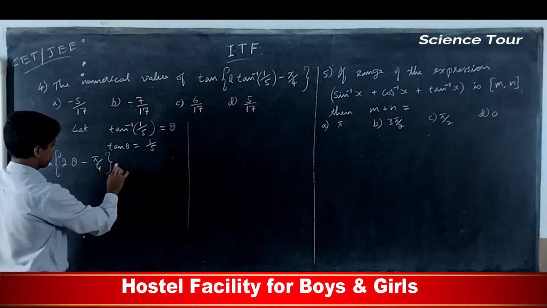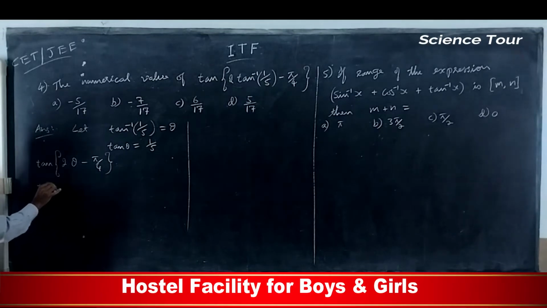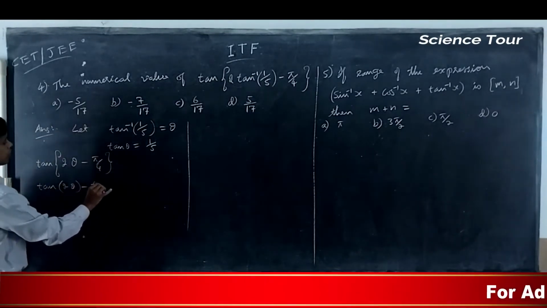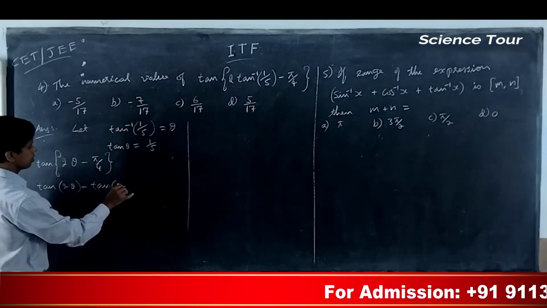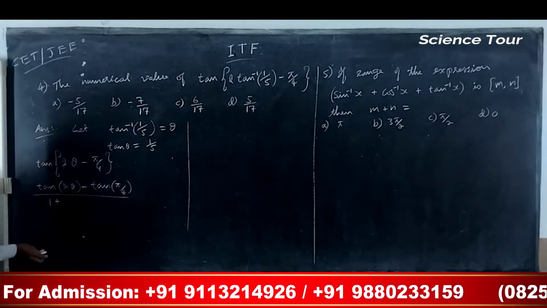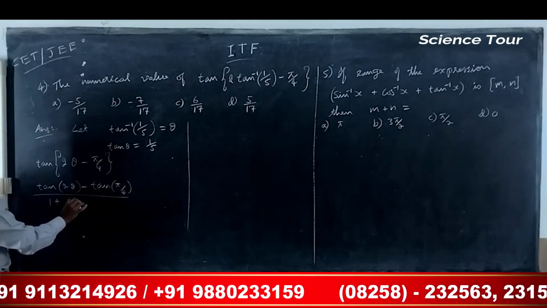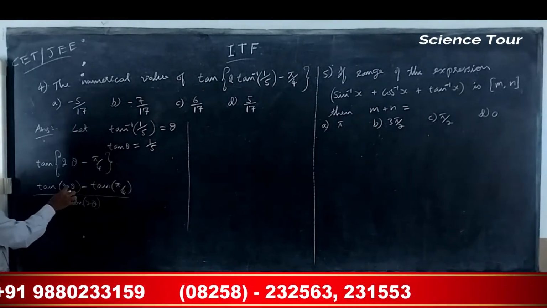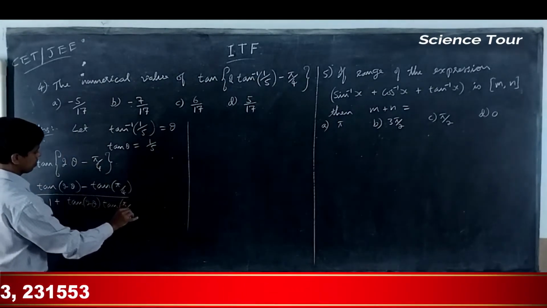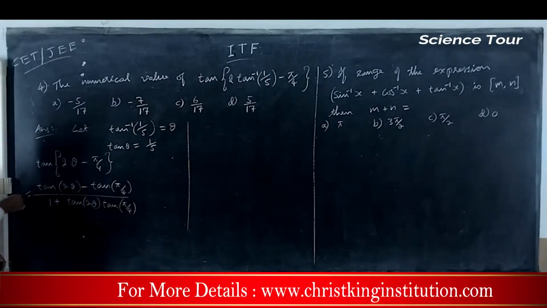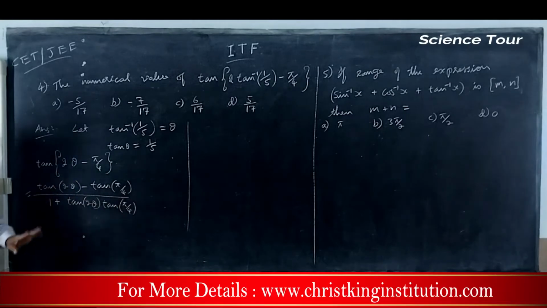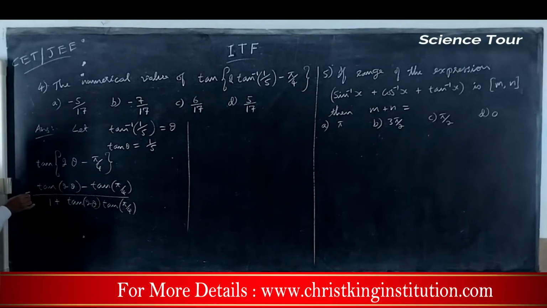That is tan x minus tan y divided by 1 plus tan x into tan y. So understand, tan of x minus y is tan x minus tan y over 1 plus tan x tan y.